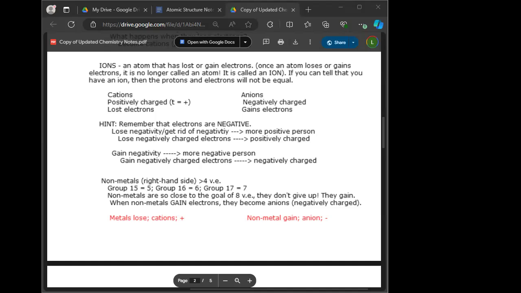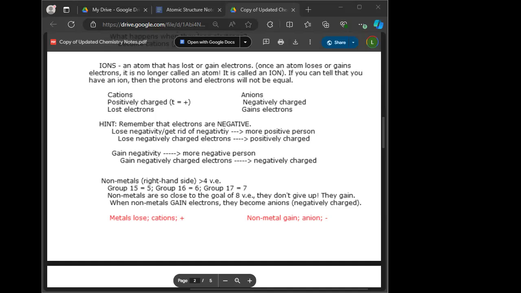So for example, everyone in group 15 has 5 valence electrons. Everyone in group 16 has 6 valence electrons. Everyone in group 17 has 7 valence electrons.